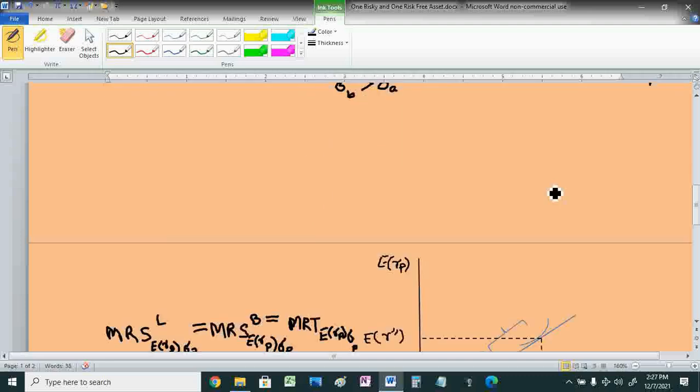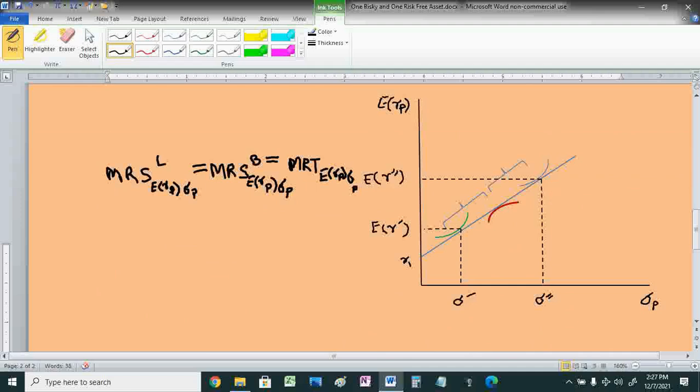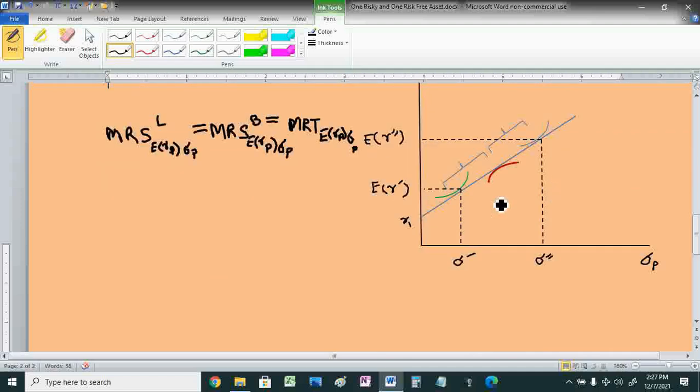And I have drawn this graph here again. This red line is the efficient part of the frontier that we have obtained by using all the securities that are available in the market. So from this point to this point is lending, and from this point to this point is borrowing.